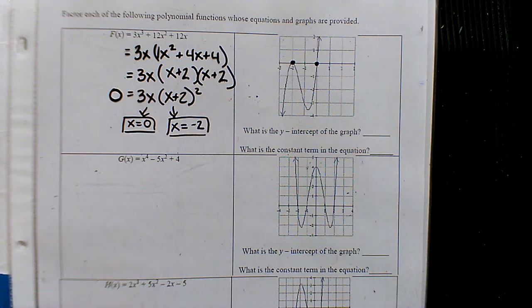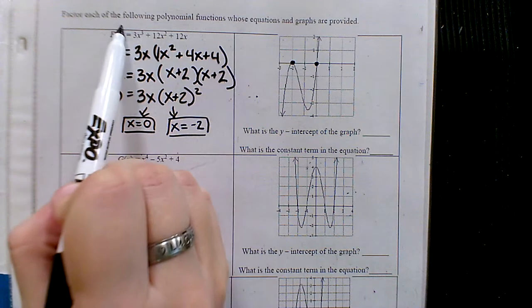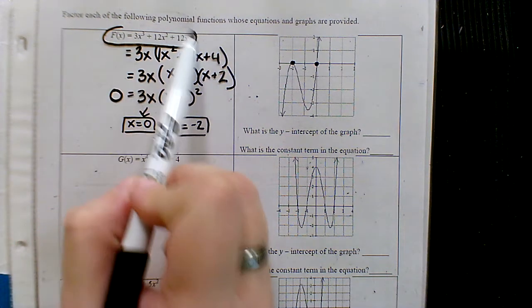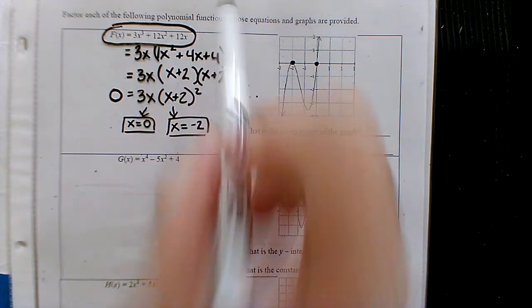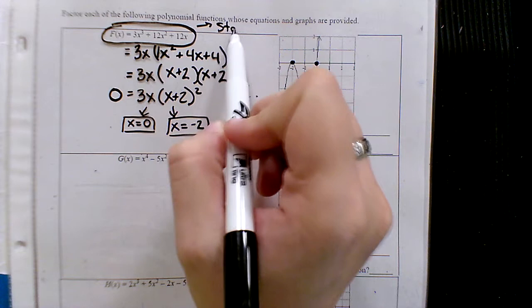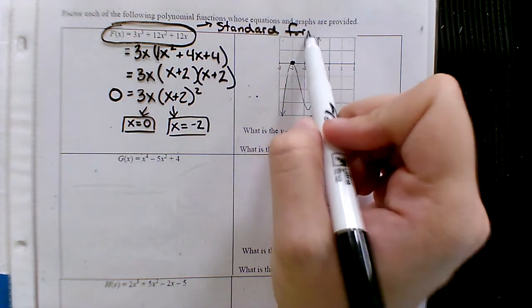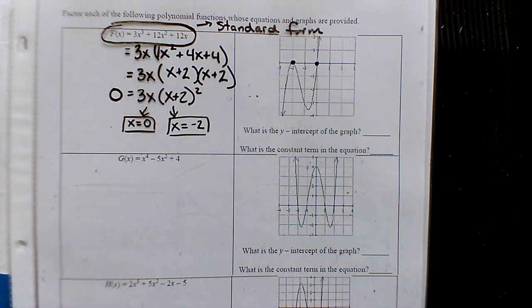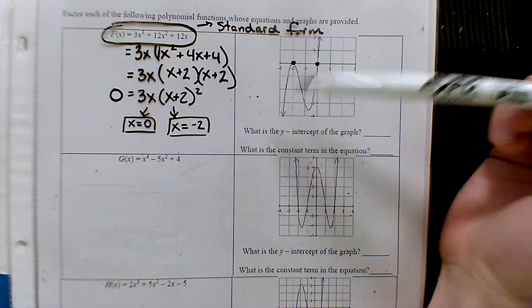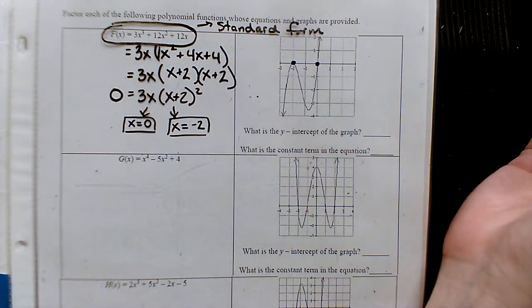There's another connection, though, between the graph and the standard form equation at the top, when it's not factored, like no parentheses going on, all the terms are listed in order. What's the y-intercept of this graph? Where does it cross the y-axis?